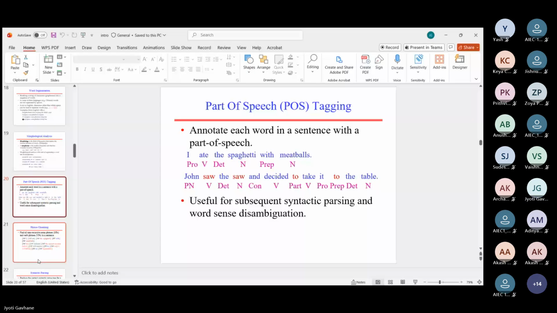Now these words or the sentences we have seen yesterday. So, I ate the spaghetti with meatballs. For that you must know how the language is formed, how the sentences are formed. If the type of the sentence is changed, the structure is also changed. Remember this. Because whenever we write an essay or a story, it is not just simple words or simple sentences we write.